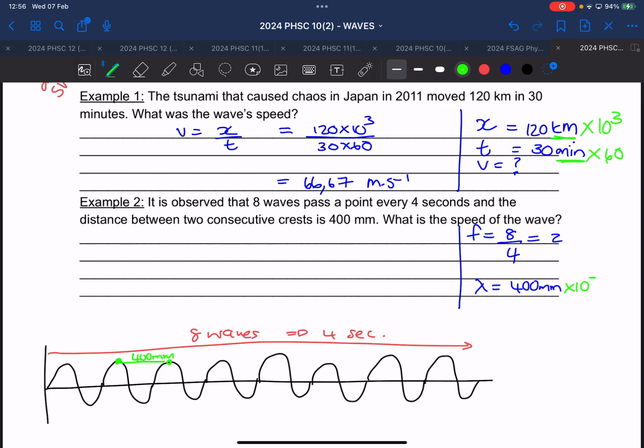It's minus 3 because you can divide by 1,000. Millimeters to meters, that way you're going to the right, so you minus.